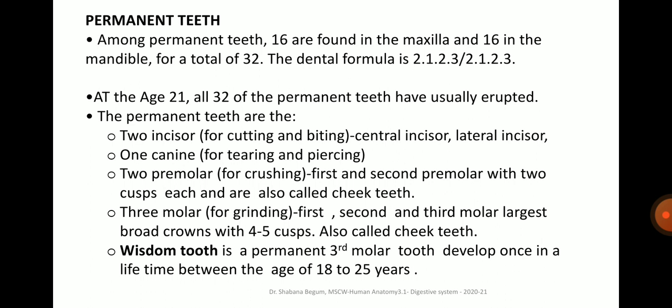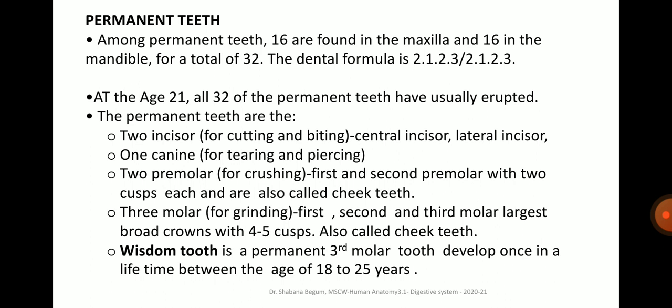So, the permanent teeth are the incisors. Two incisors are present, which have chisel shaped crowns giving a sharp cutting edge for biting food. One canine for tearing and piercing, that is, these teeth have large conical crowns, dagger shaped, used for tearing and piercing.